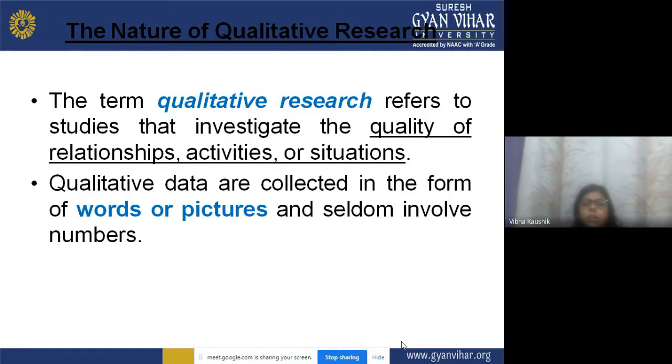Qualitative data are collected in the form of words or pictures and seldom involve numbers when we are doing qualitative research.